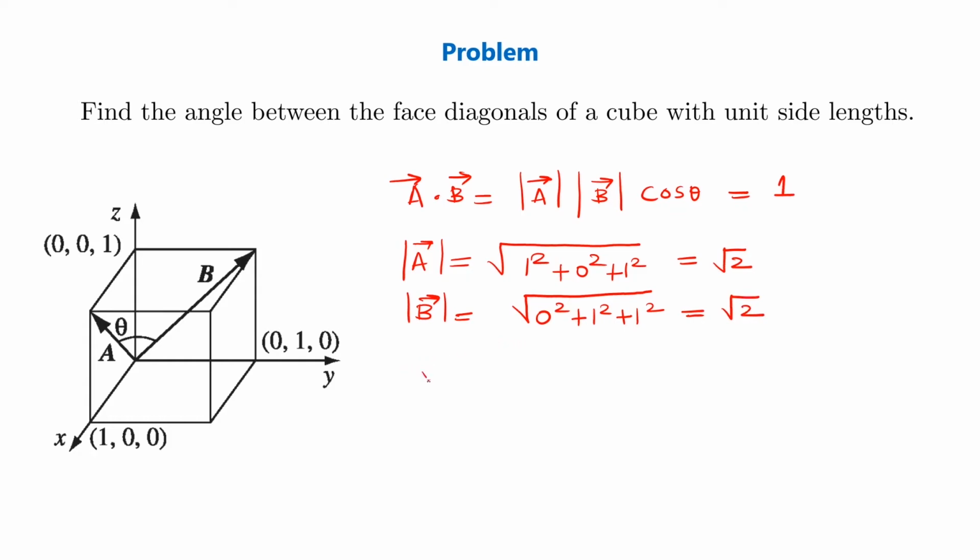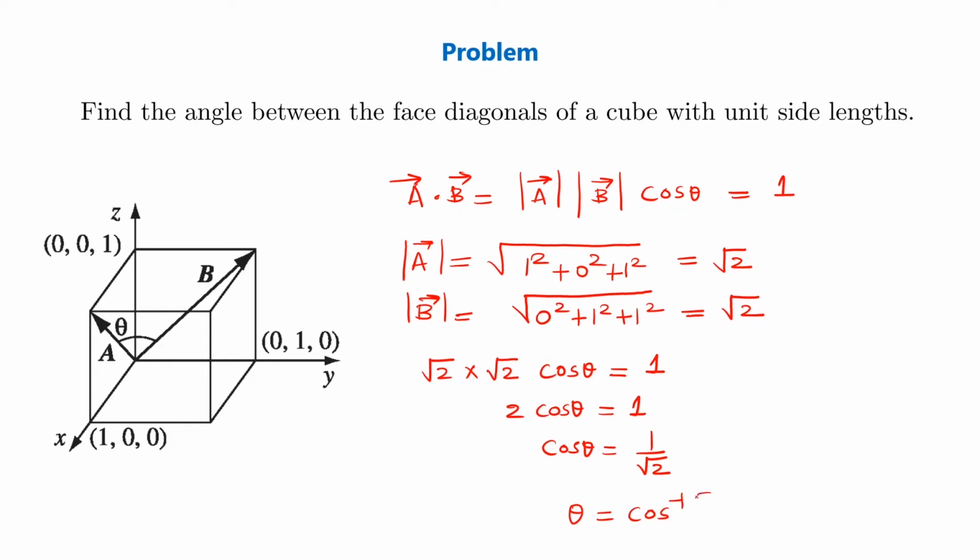That is, square root of 2 times square root of 2 cos theta is equal to 1. So that is 2 cos theta is equal to 1, or cos theta is equal to 1 by 2, and theta is equal to cos inverse of 1 by 2, which is 60 degrees.